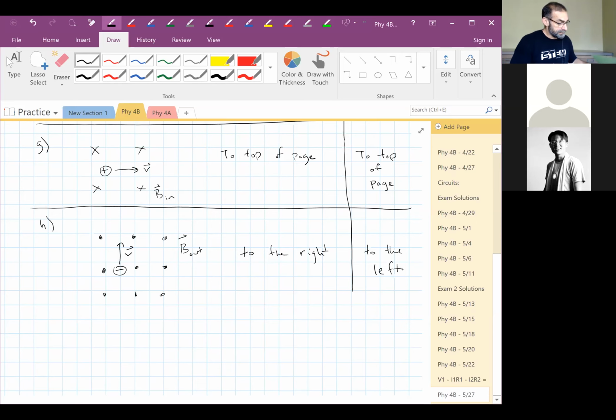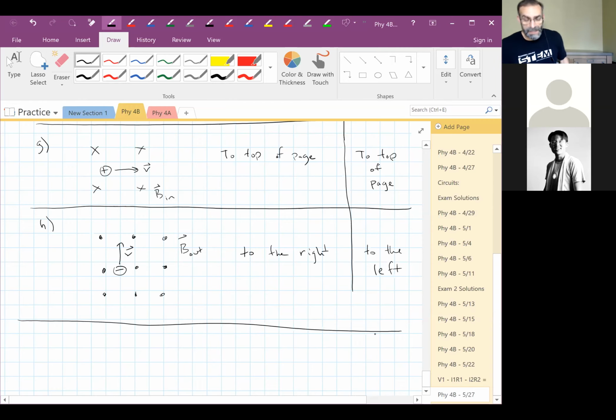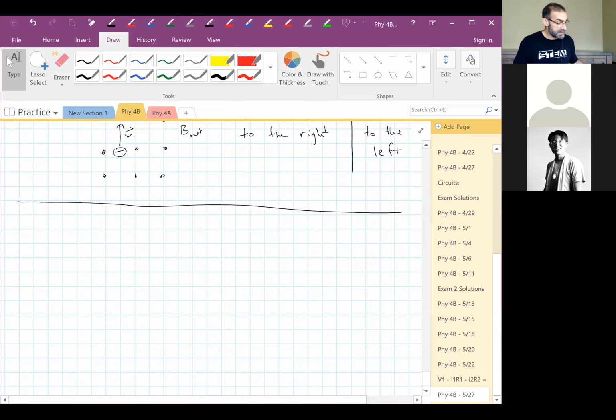All right. These are for moving charges, charges moving in magnetic fields. So what is a current but a bunch of moving charges, right?